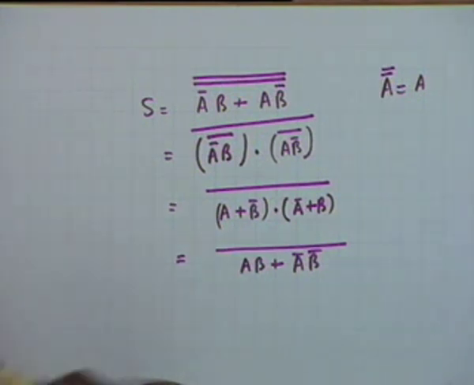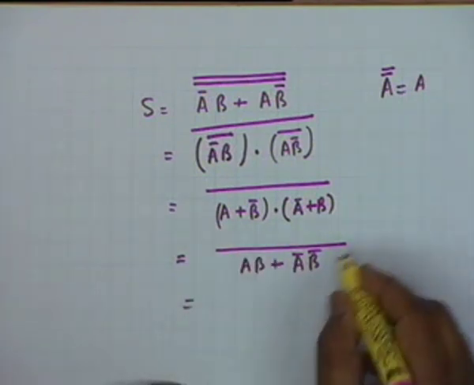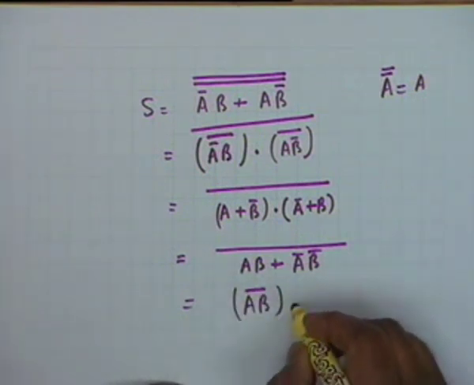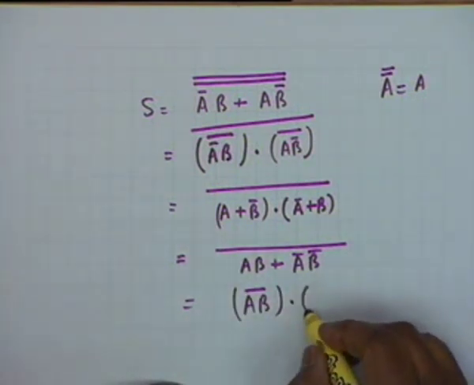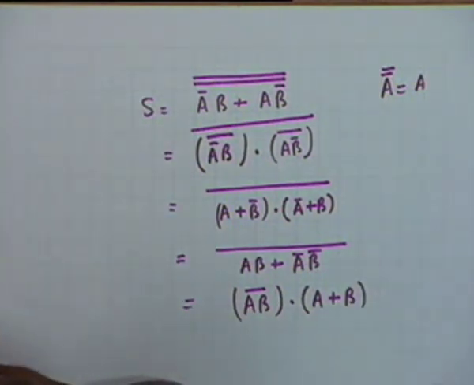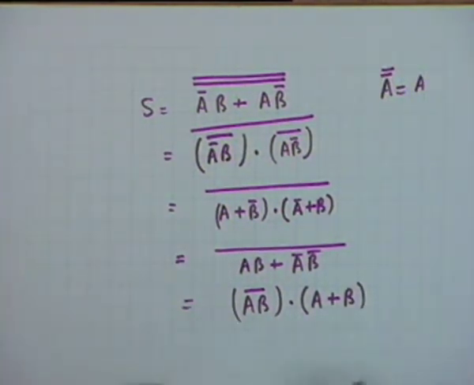I can also write this as, now I take this inversion out, AB bar and A or B. Can I write like this? Okay. AB bar and A bar B bar whole bar.